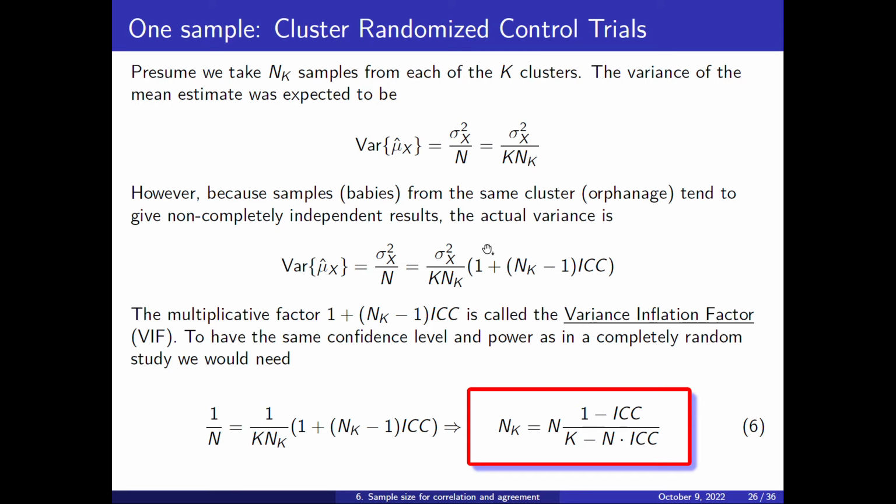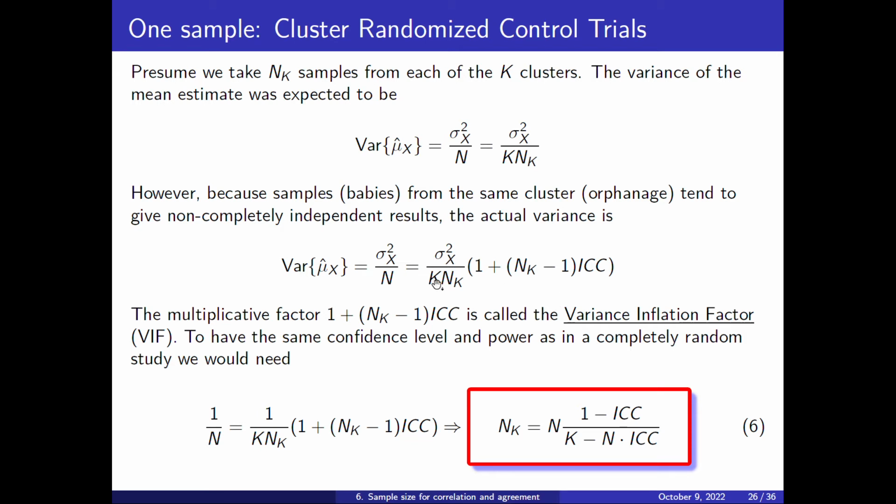There is a multiplicative factor, that is this one, because we don't have totally independent individualities like the case of twins, siblings, independent people from the general population.